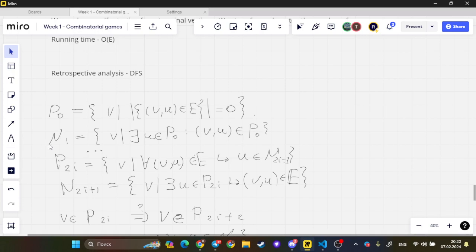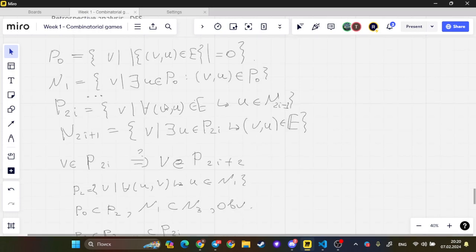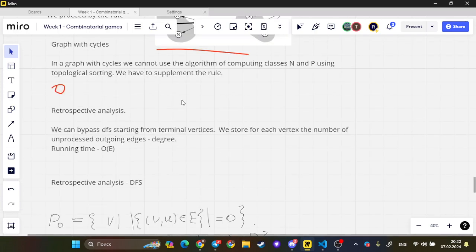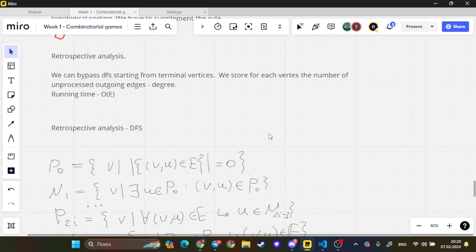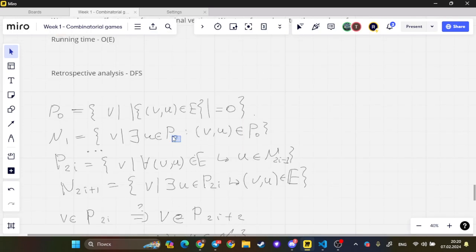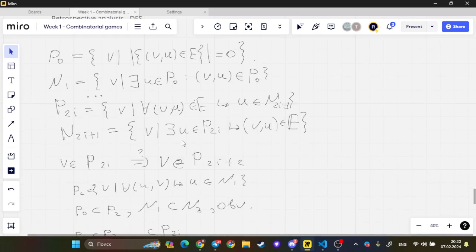Next, we define in the same way as we define the general class, but only if there exists an edge that goes to a losing vertex; we define these vectors like N1 and so on.